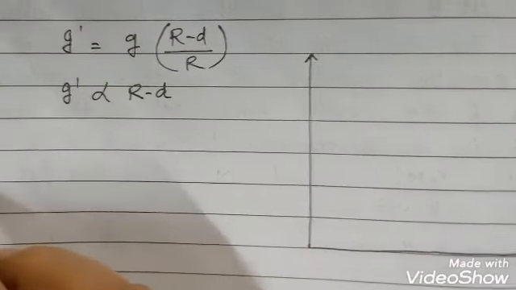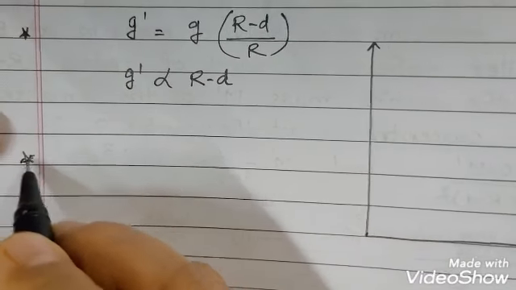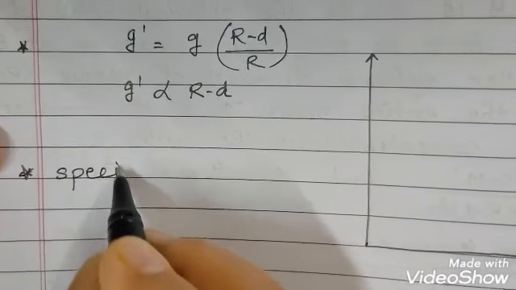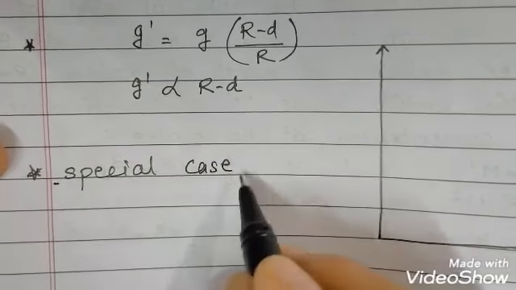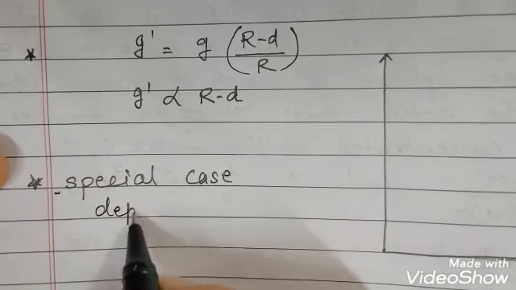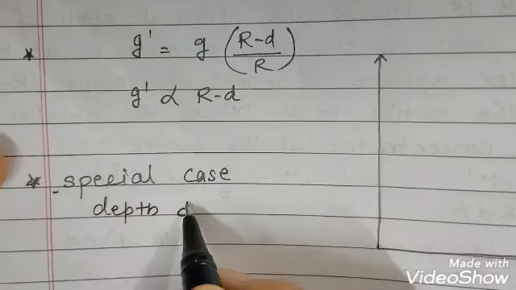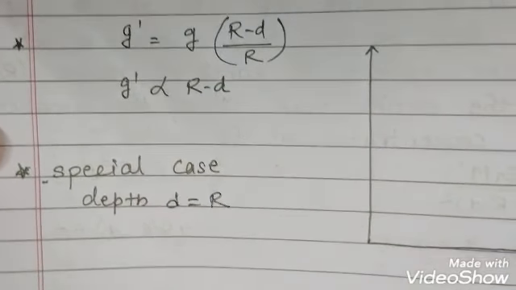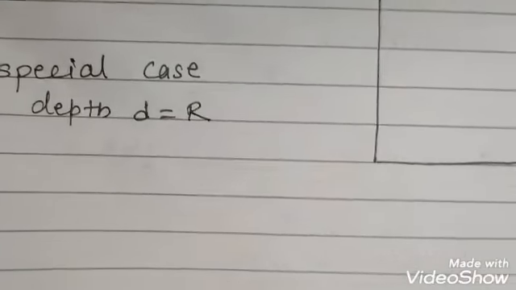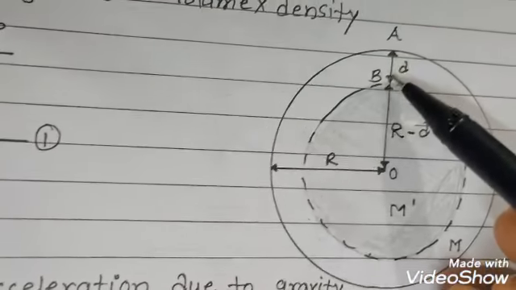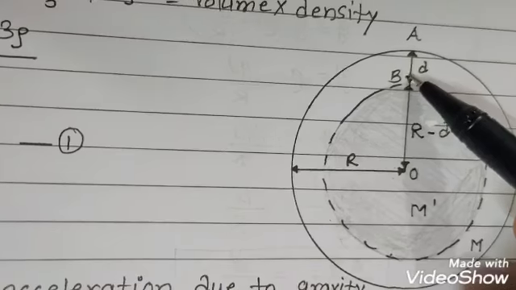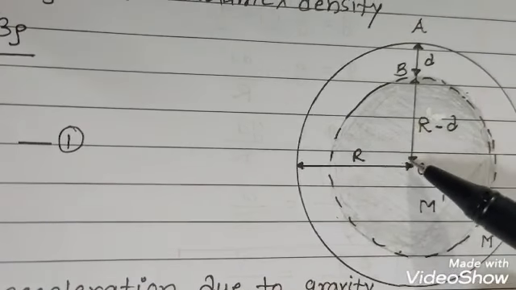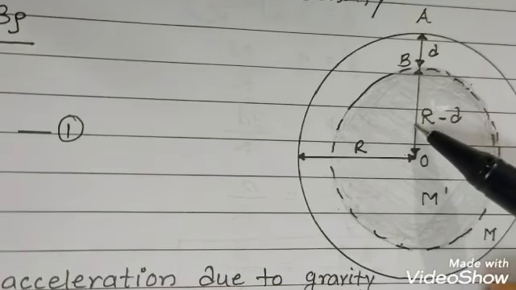And in the special case, if the depth d becomes r, you can understand better from this figure: the object which is placed at B is slowly coming to the center, in this way it comes to the center.